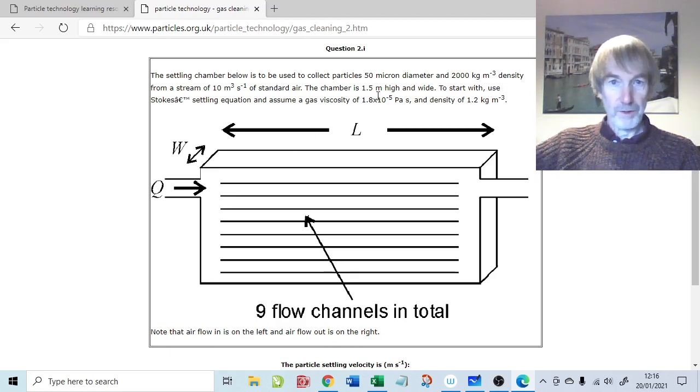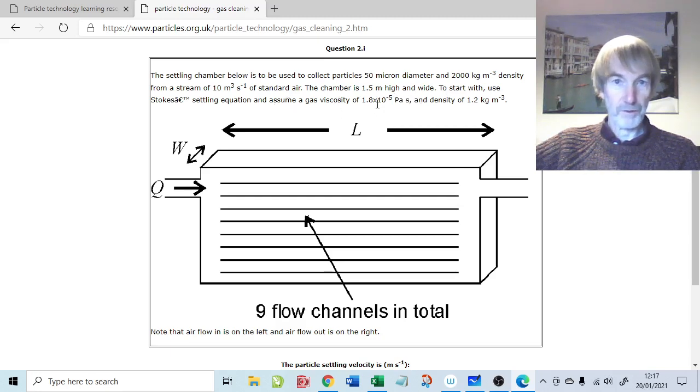The dimensions of the chamber are given at the top here. The width of the chamber is 1.5 meters, and the total height of the chamber is 1.5 meters. The question really is, what do we need to make the length of the chamber in order to remove the particles of interest, which are not yet defined as a size, but we are given some of the data for the gas flow.